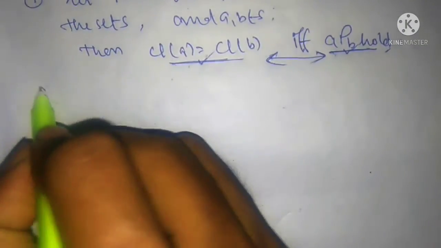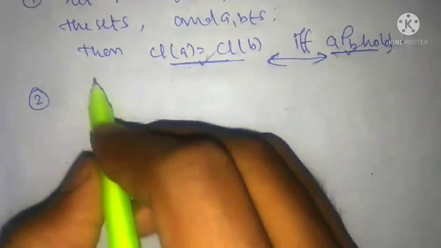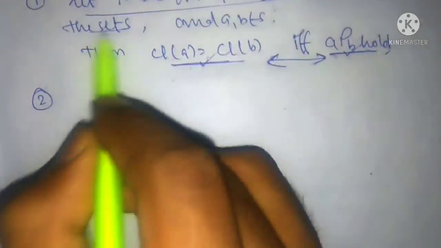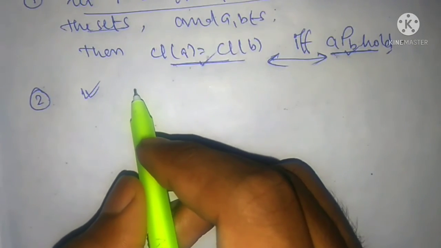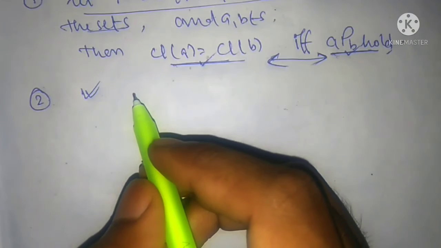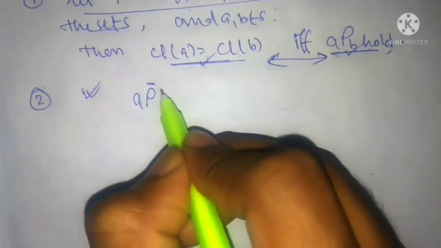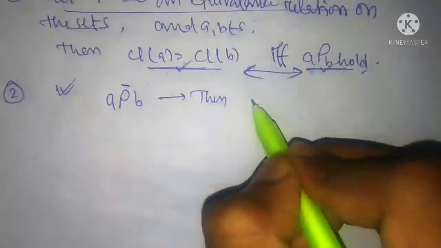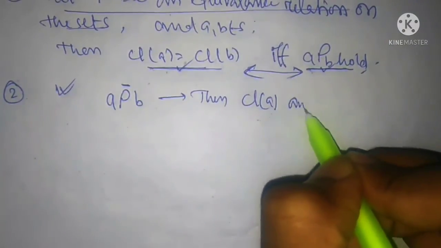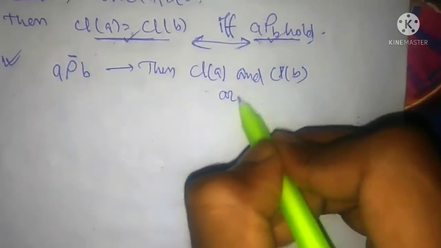Okay, theorem number 2 is: let rho be an equivalence relation on the set S, then if A is not related to B, then class of A and class of B are disjoint.